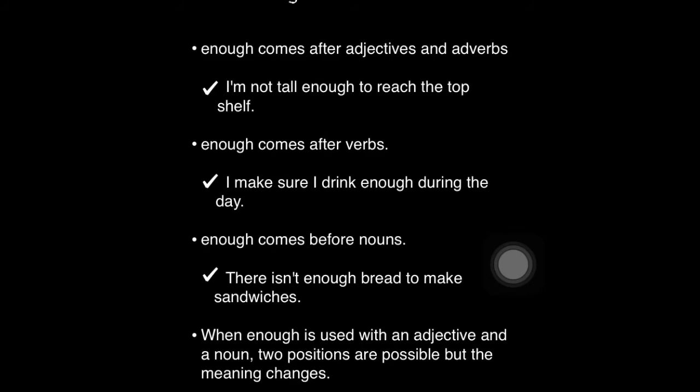Third, enough comes before nouns. For example, there isn't enough bread to make sandwiches. In this sentence, enough is before the noun, which is the word bread. Fourth, when enough is used with an adjective and a noun, two positions are possible but the meaning changes.